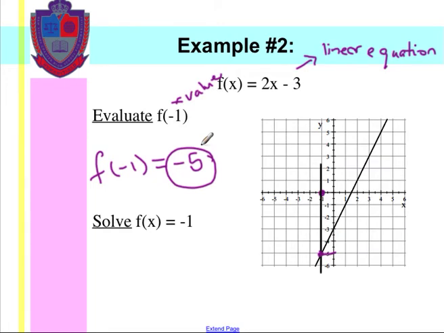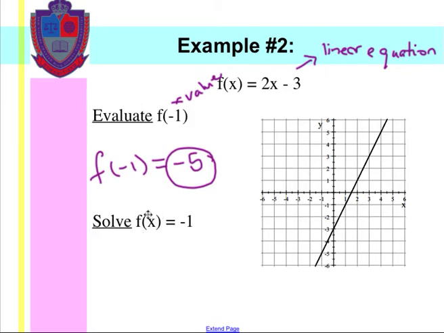Again, I come down, look at the point, my x value, draw a line, and then look for where it intersects the graph. Good. Now I was told to find a value for x when the output is negative 1.